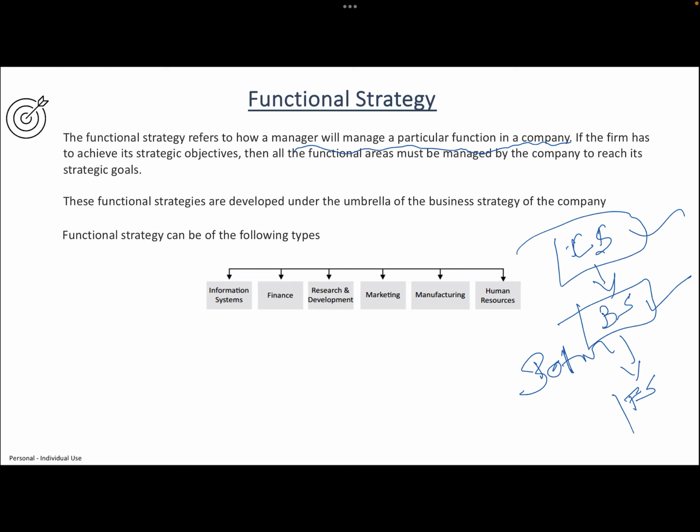So there will be multiple functional strategies based on each department. Let's see finance first, and after that we will cover them one by one. Finance is one of the biggest decision-making areas in the organization. Then marketing also, and we will touch upon logistics, manufacturing, and other functional areas.